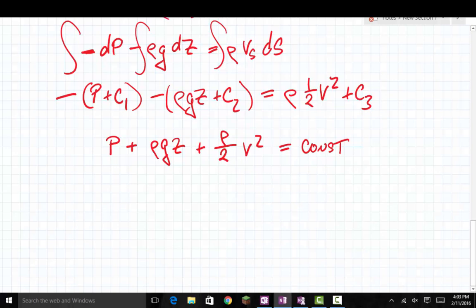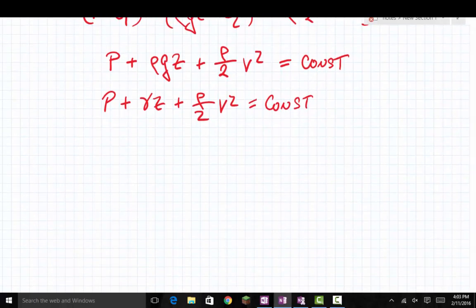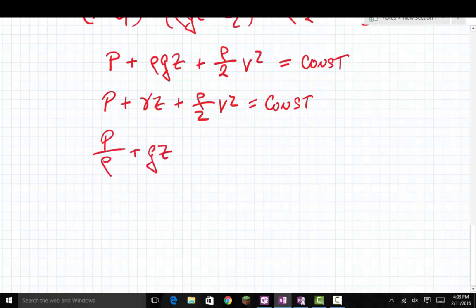Sometimes you'll see where they take rho and g and put them together, so then we would write this as p plus gamma z plus rho over 2 V squared equals a constant. Other times we will divide through by just the density, so we would have p over rho plus g times z plus V squared over 2 equals a constant.